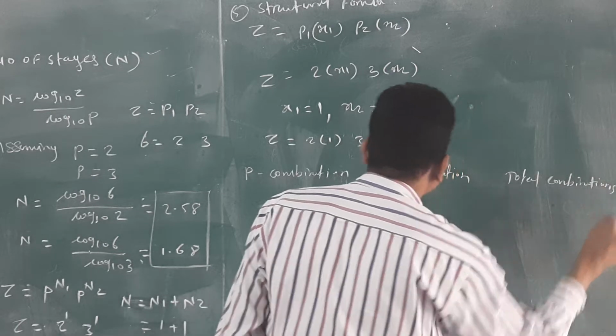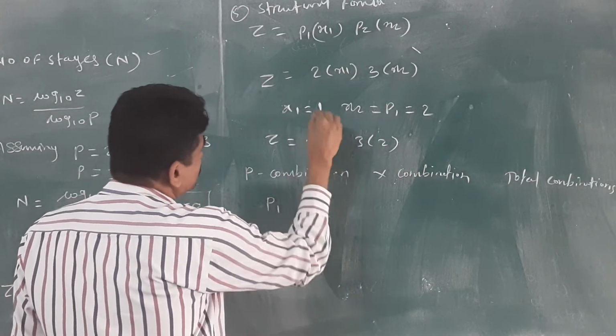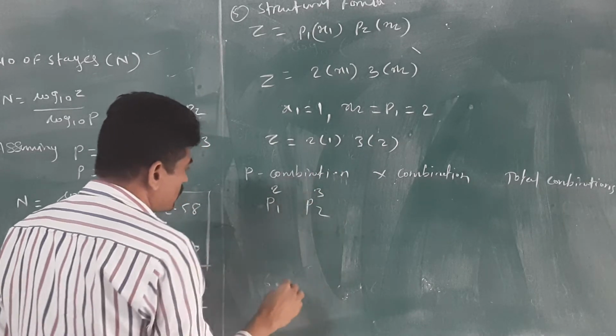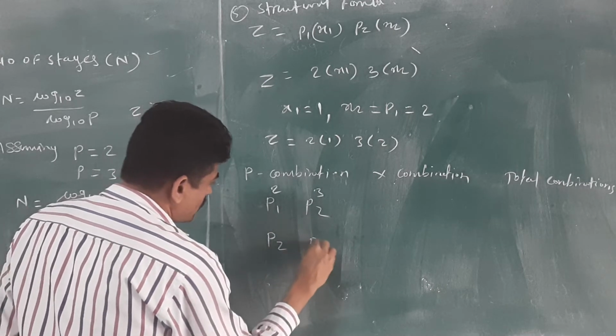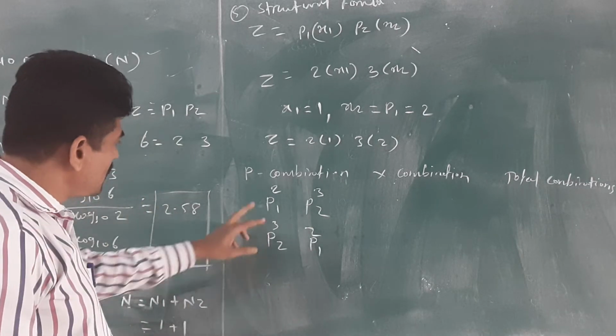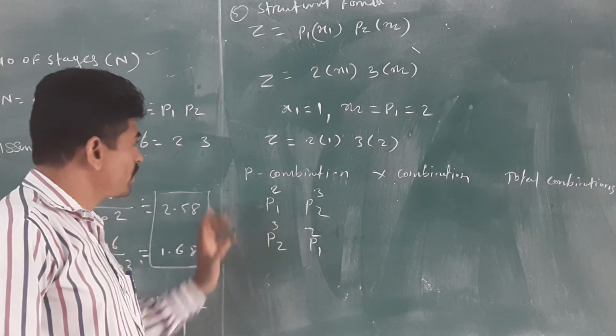How many combinations will you get? Here are P1 and P2. First P1 is equal to 2 and P2 is equal to 3. I will interchange the places of P1 and P2, so P2 P1 gives 3 and 2. There are only 2 possible conditions in the P combination.